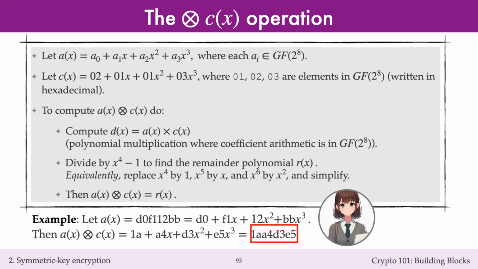You should try this example yourself, by hand, to make sure that you fully understand the MixColumns operation. There is a handout on the course webpage, Cryptography101.ca, that explains how the MixColumns operation can be quickly done using lookup tables for multiplication by the GF(2^8) elements 02 and 03.